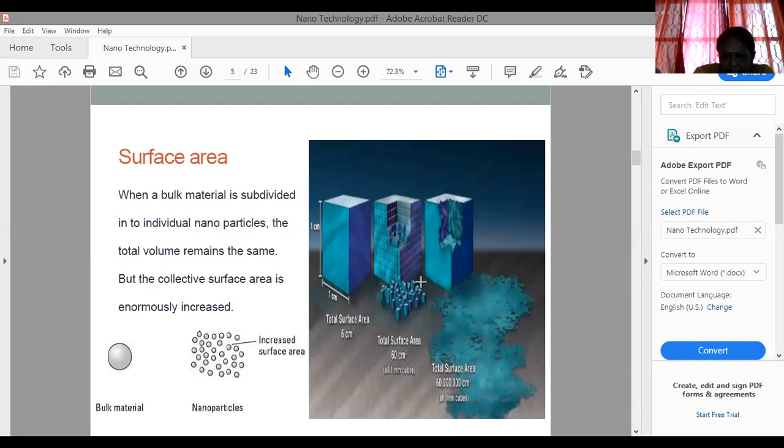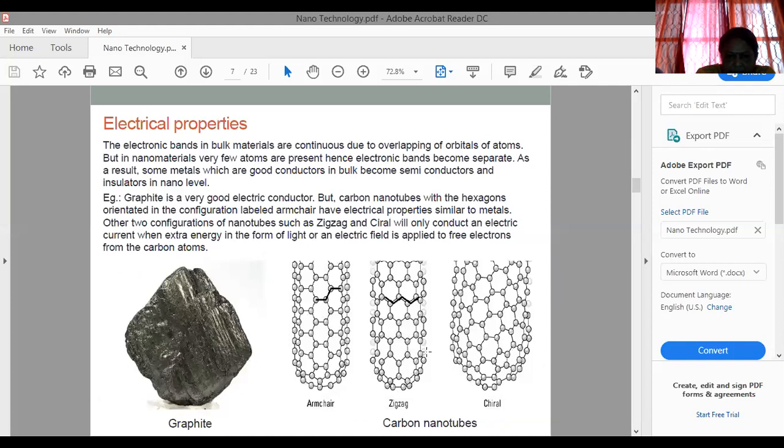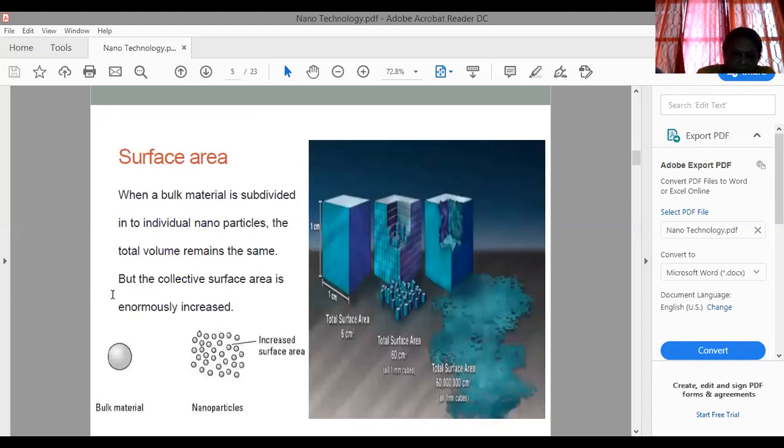This is not the nano size, but still if it is converted into nano size, you can see how the surface area has been increased. It is a general procedure: you make smaller and smaller particles, you get a larger surface area. So for nanoparticles, the same volume of the bulk material gives a large surface area if it is changed into nano size.